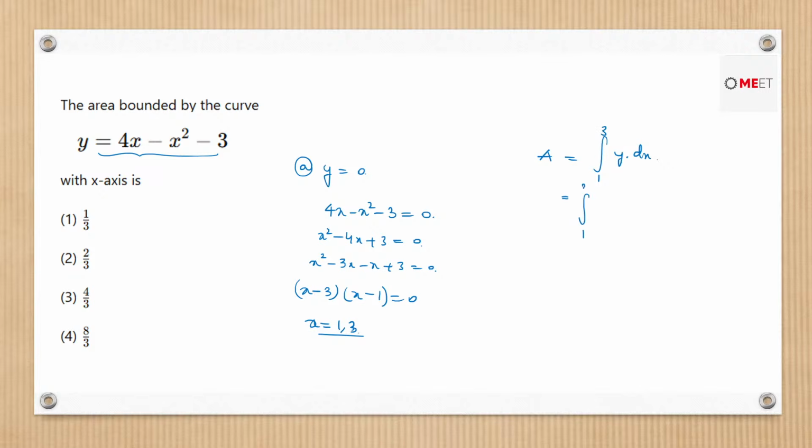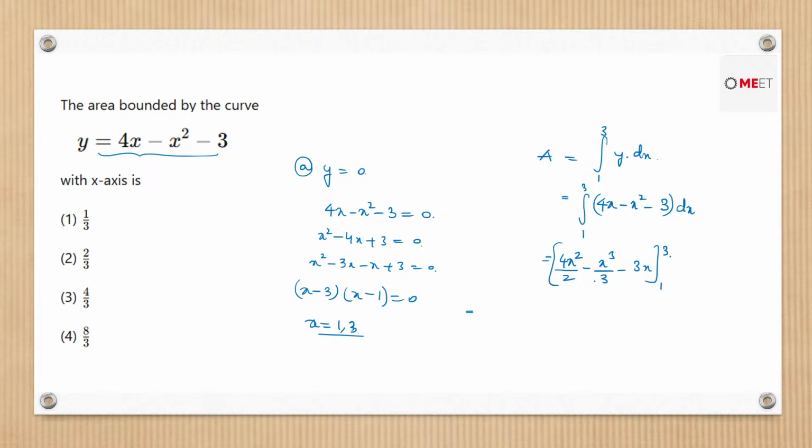So limits 1 to 3, integral 4x minus x square minus 3 into dx. So this will be equal to 4x square by 2 minus x cube by 3 minus 3x. Limits are 1 to 3.